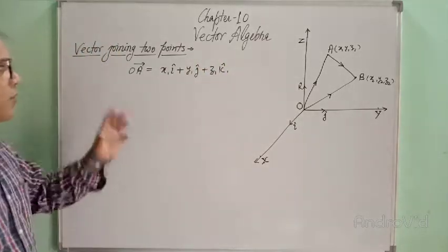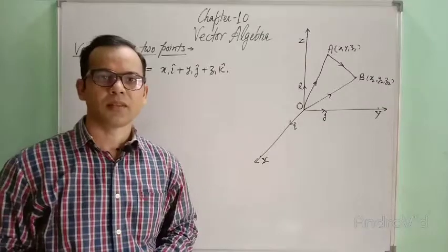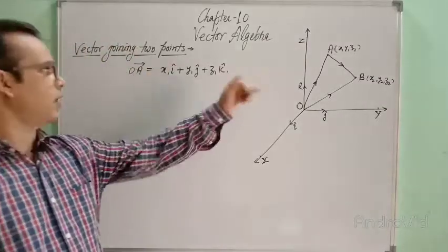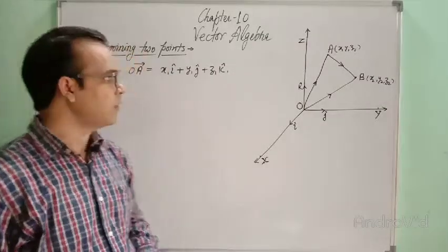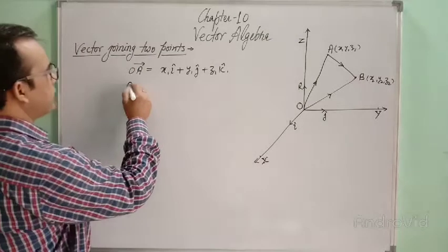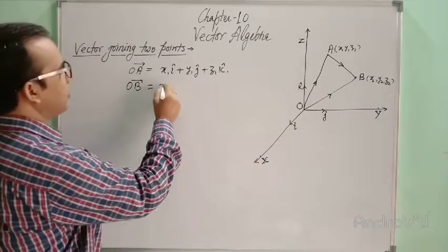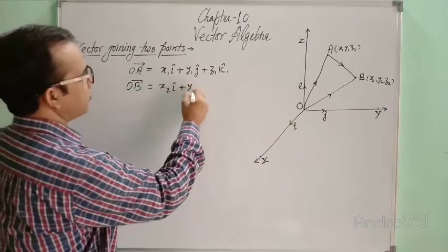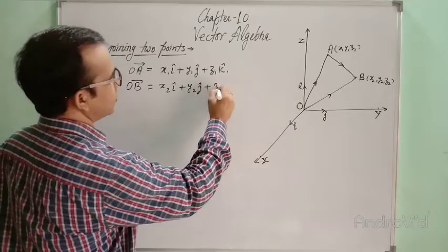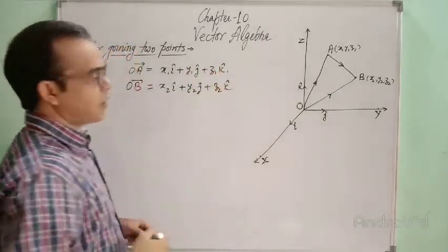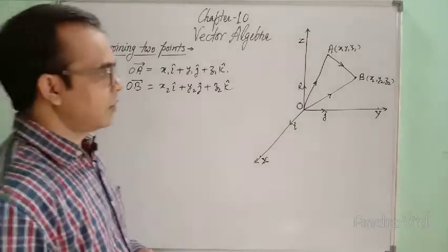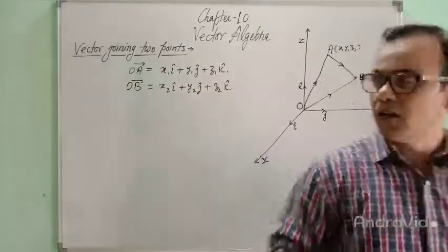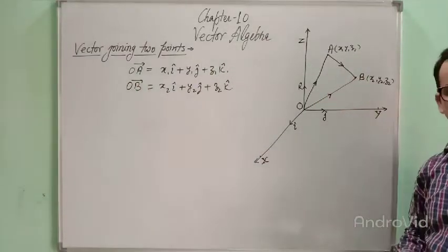So this is the component form of OA vector, that is the position vector of the point A with respect to origin O. The same way we can write OB vector as x2 i cap, y2 j cap and z2 k cap. Clear? Now we want to get AB vector.